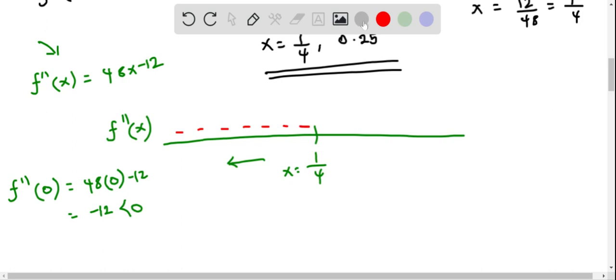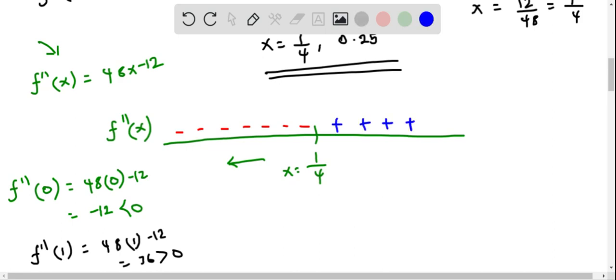Now let's check on the right of x equal to 1 fourth by plugging in a random point to the right. I'm going to plug in x equal to 1. So f double prime of 1 equals 48 times 1 minus 12, which is 36, and this is greater than 0. So to the right of x equal to 1 fourth, it is positive.